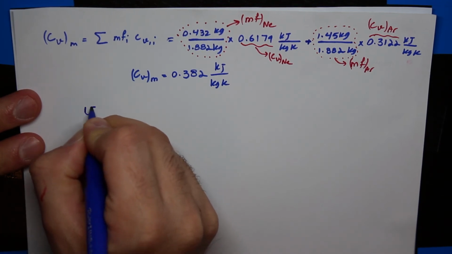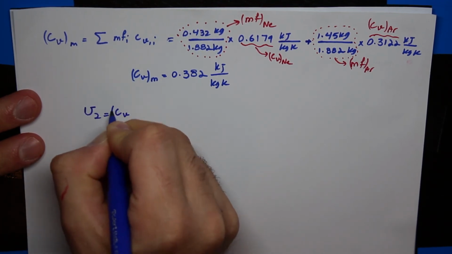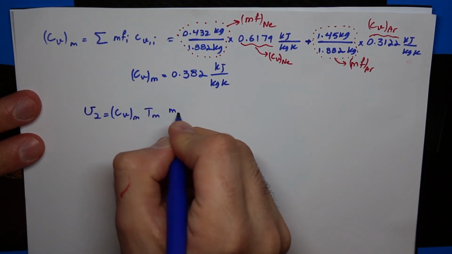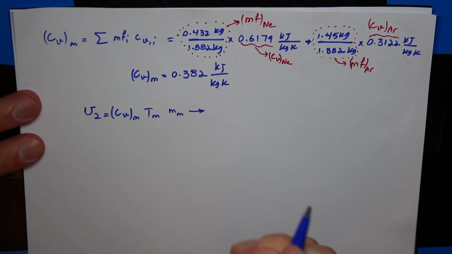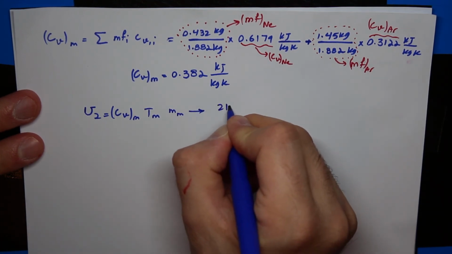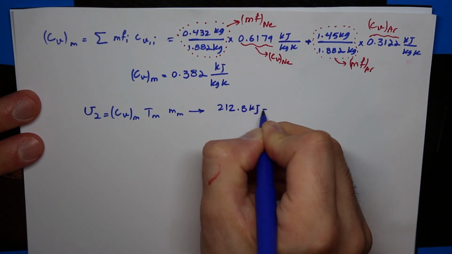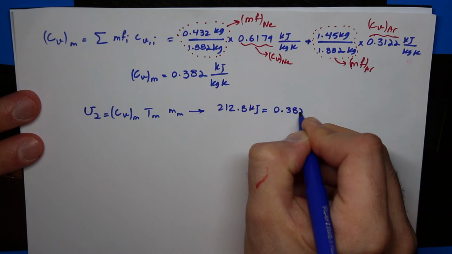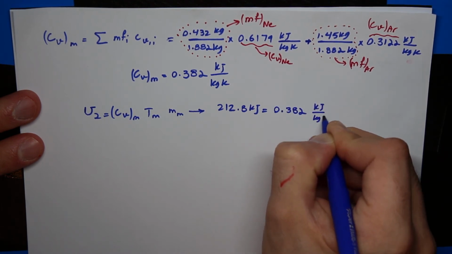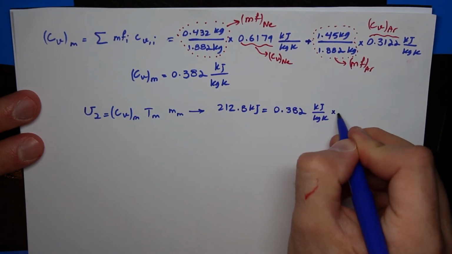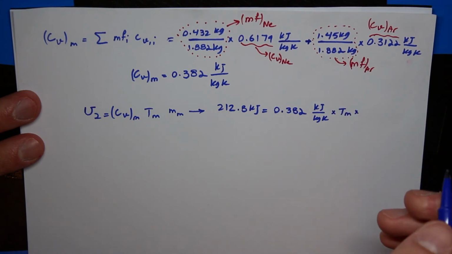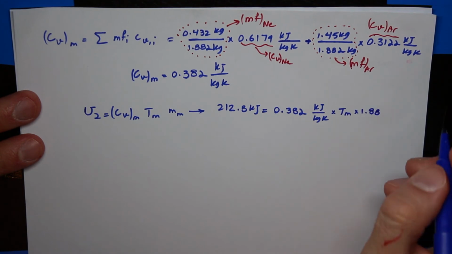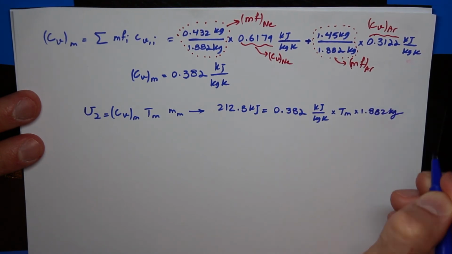Okay, so I'm using U2 equal to CV of the mixture multiplied by the temperature of the mixture multiplied by the mass of the mixture. So U2 is 212.8 kilojoule, which is equal to CV of the mixture, 0.382 kilojoule per kilogram Kelvin, multiplied by Tm, the temperature of the mixture, multiplied by the mass of the mixture, 1.882 kilogram.